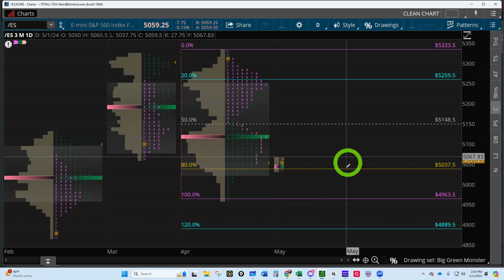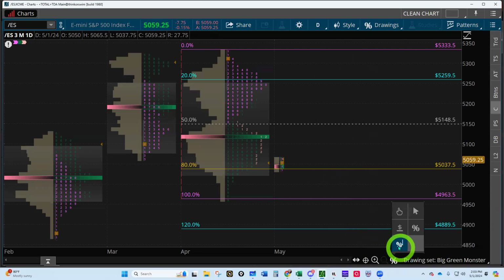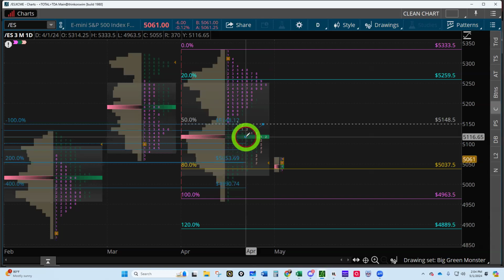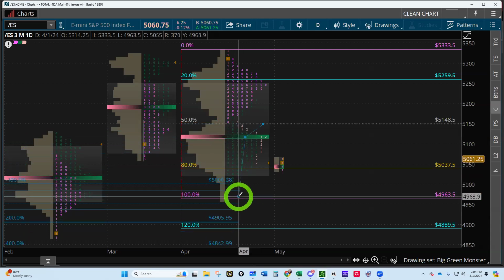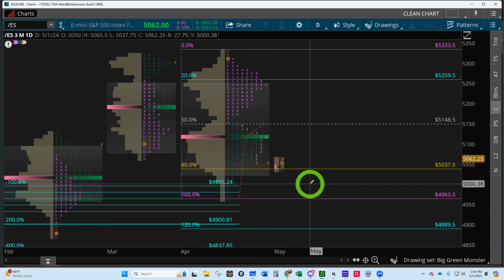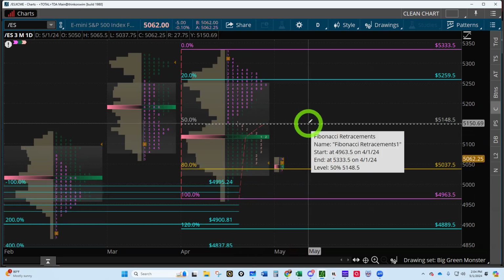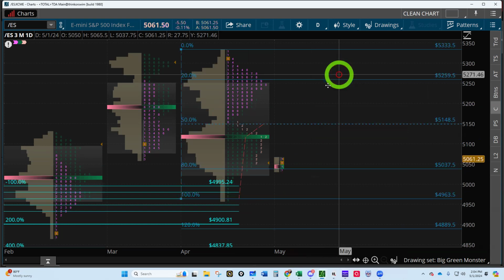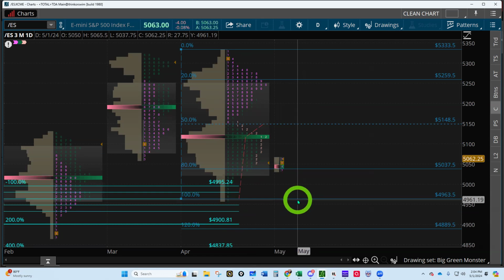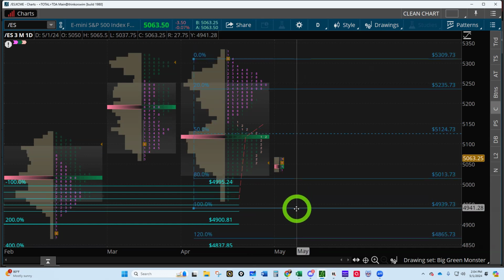All right. Now, what we do is we change this to the extension, and we draw from the 50 to the middle of this and down to the 100, like so. Then we activate this, and we bring the 100 down to the 200.